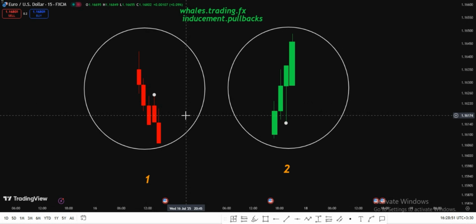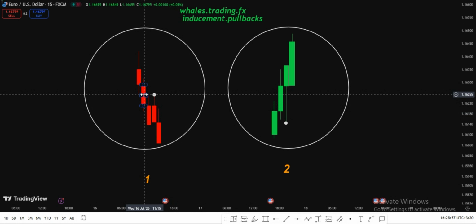So, for example, in a bearish trend, that means diagram 1, in a bearish trend, this candle must take out the high of the previous candle to qualify as a proper pullback, like this. This candle hunted or took out this candle high.